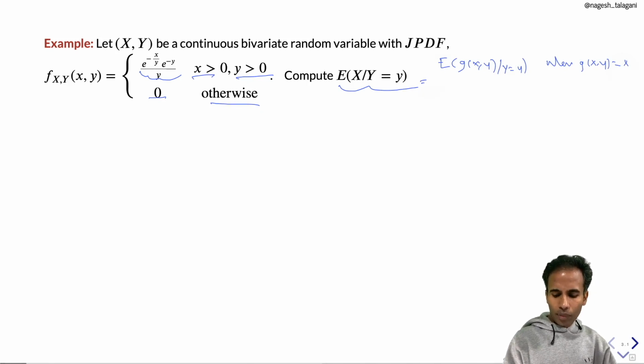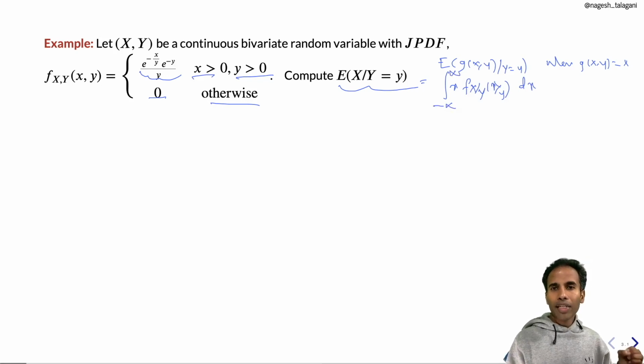This is going to be the integral of g(x,y), that is x, times the conditional PDF of X given Y, dx. Here the integration is with respect to x. So first of all we need the conditional PDF of X given Y. What is given is the joint PDF.